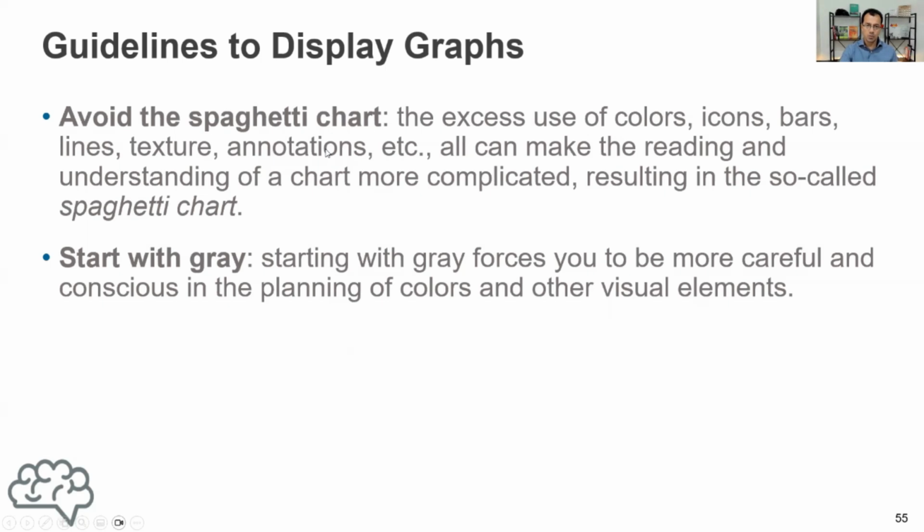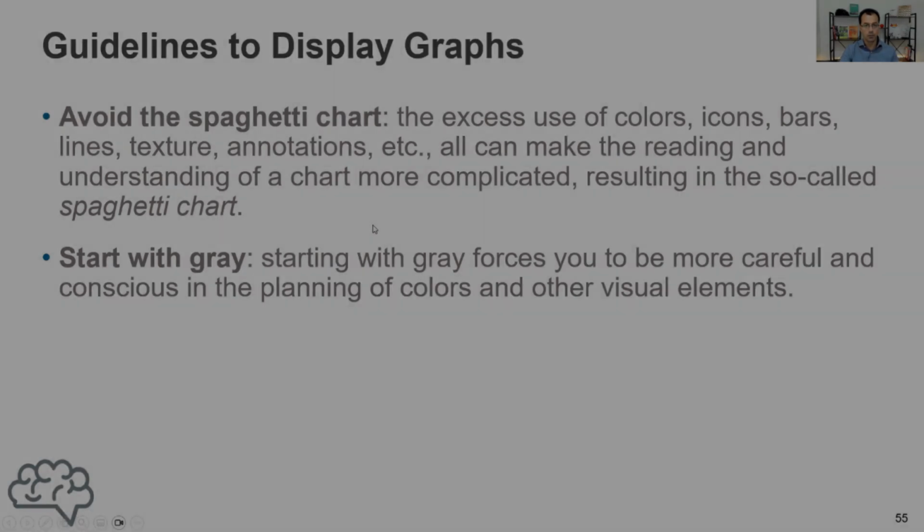There is just so much information in the graph that you don't allow your reader to grasp what you really want him or her to grasp from the graph. And finally, if you are unsure about which color to use, start with gray or start with one pale color, one more monotone color that you can play with, and then you can start trying different colors in your graph.